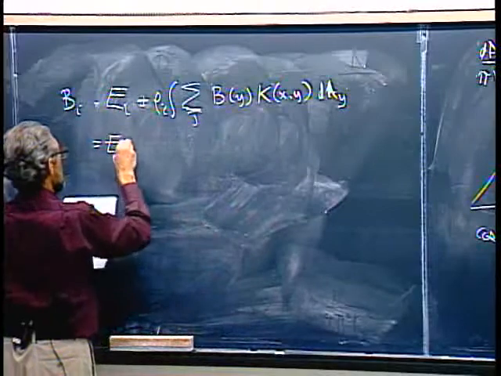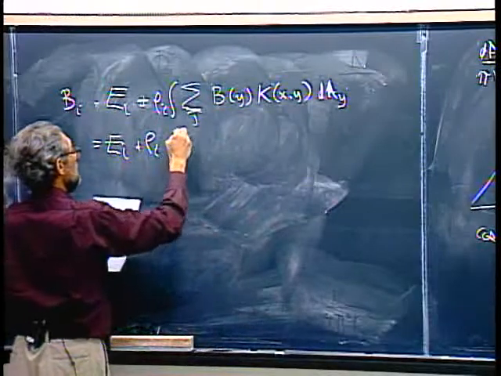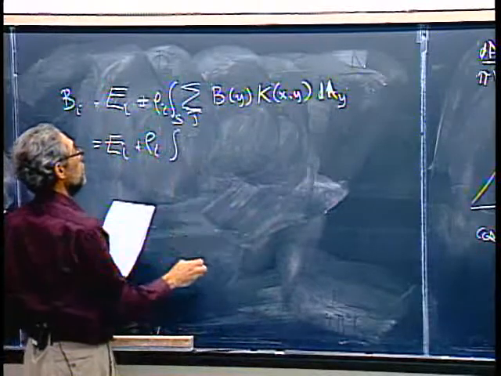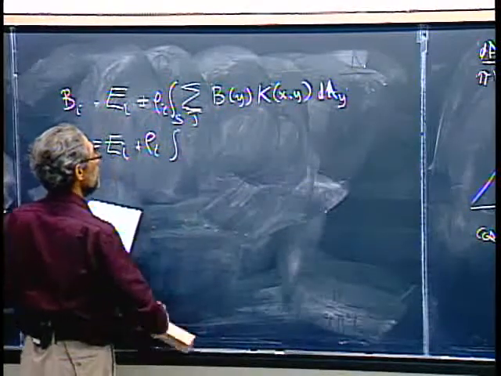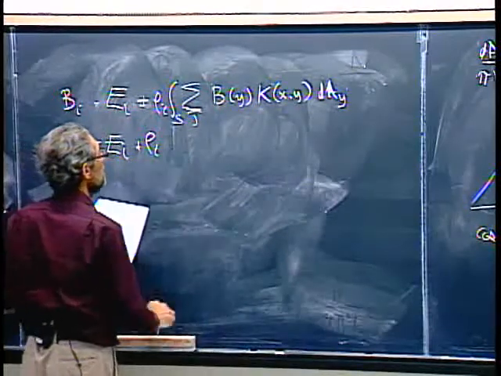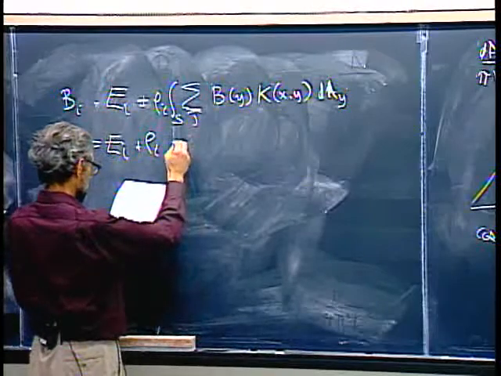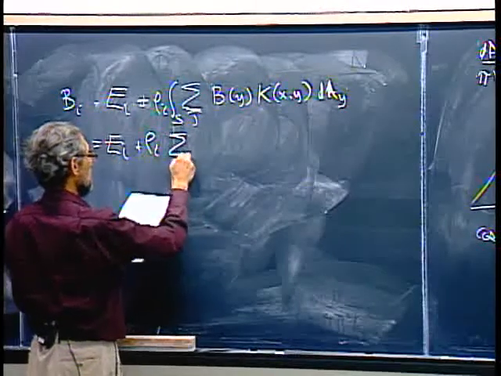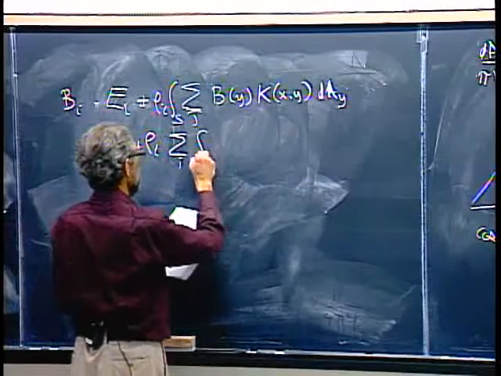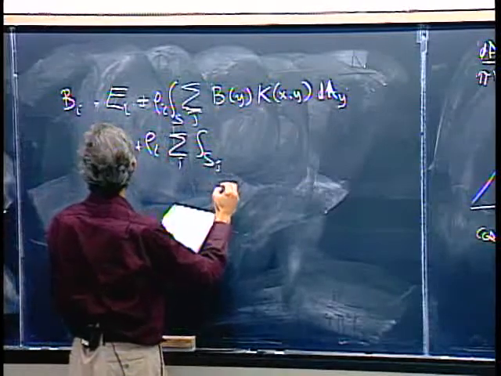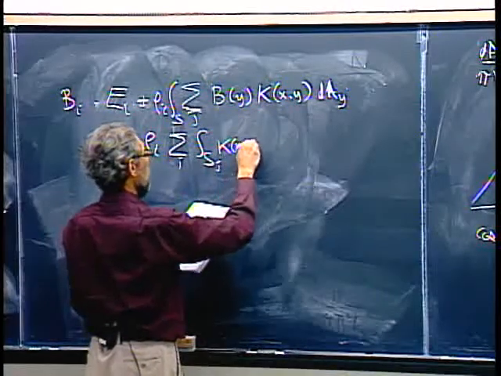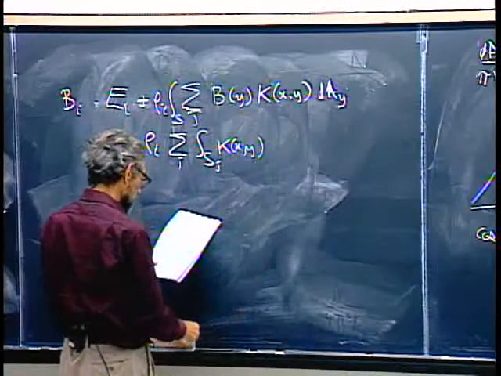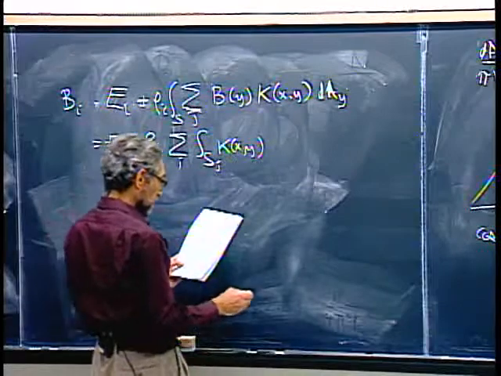So this is E_i plus rho_i times the integral over all surfaces. But if we put the sum outside here, we can have the integral over just S_j of k(x,y), and then we only have 3 vertices.